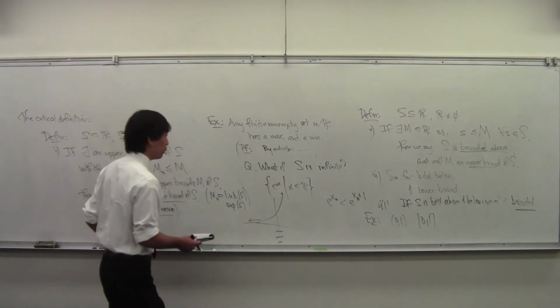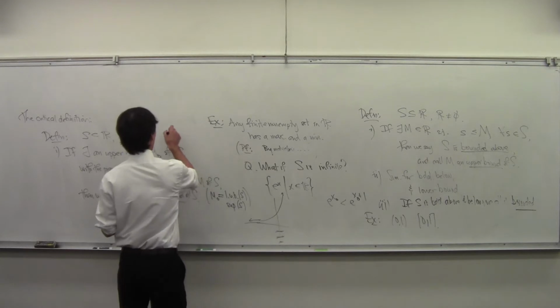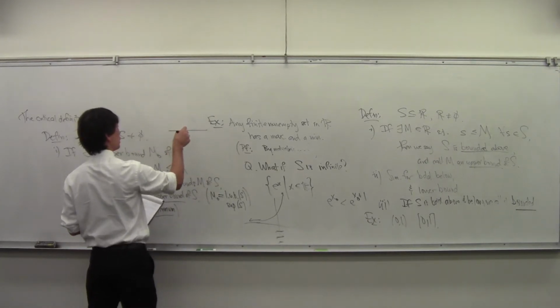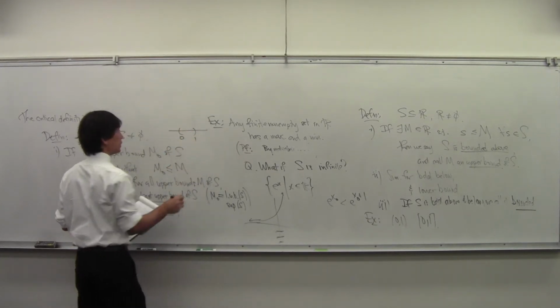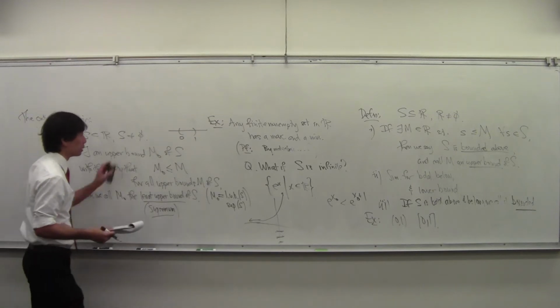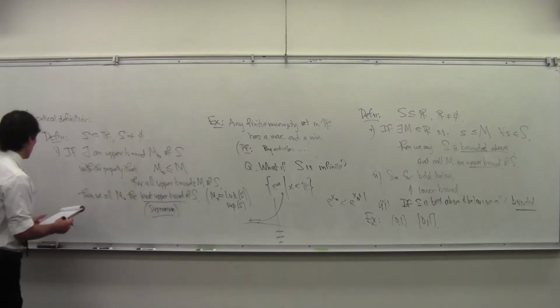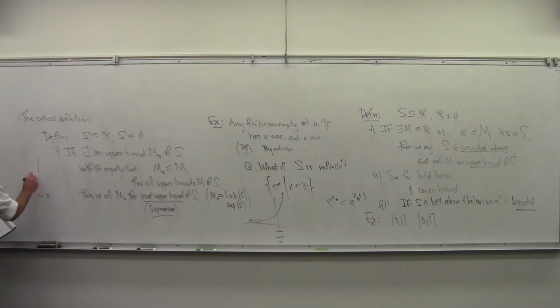Okay, so looking at the set (0, 1) that we had earlier, 1 is the least upper bound of the set, right?